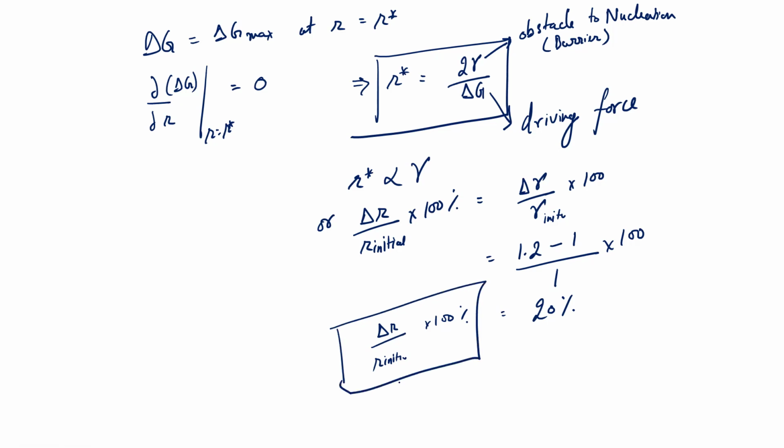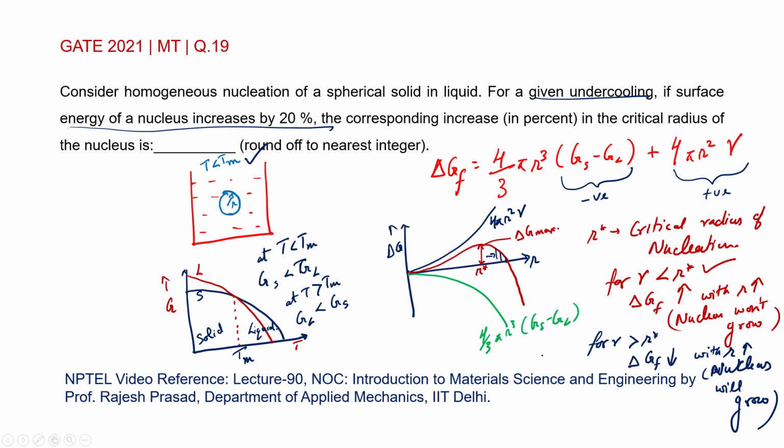That is your percentage change in critical radius of nucleation. That is your answer, 20%. So the corresponding increase in critical radius of the nucleus is 20%.